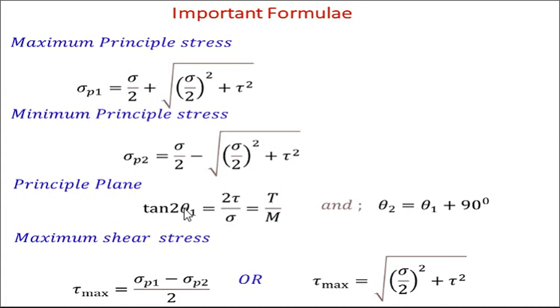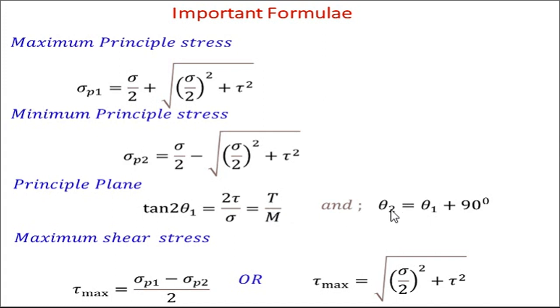It is already proven by the derivation, and it is equal to T, the torsional moment, divided by the bending moment. You can use this formula also, because as we know, in the circular shaft two different loadings are acting, one is the torsional moment and also there is a bending moment acting onto the shaft on either end.